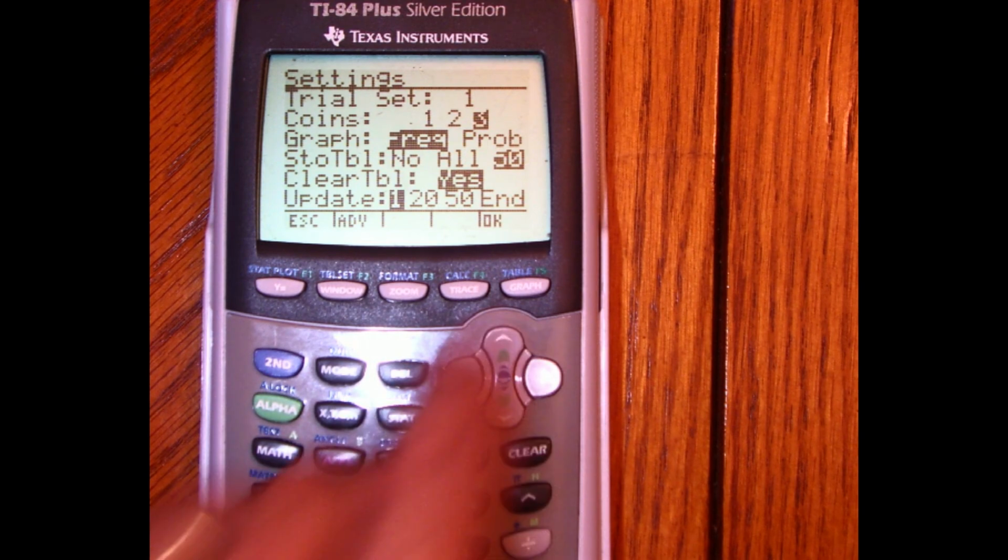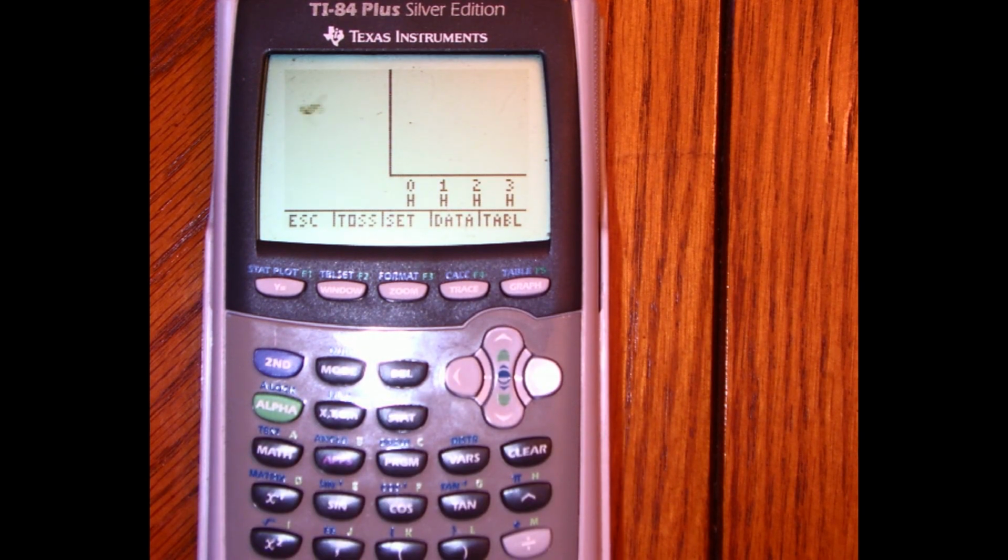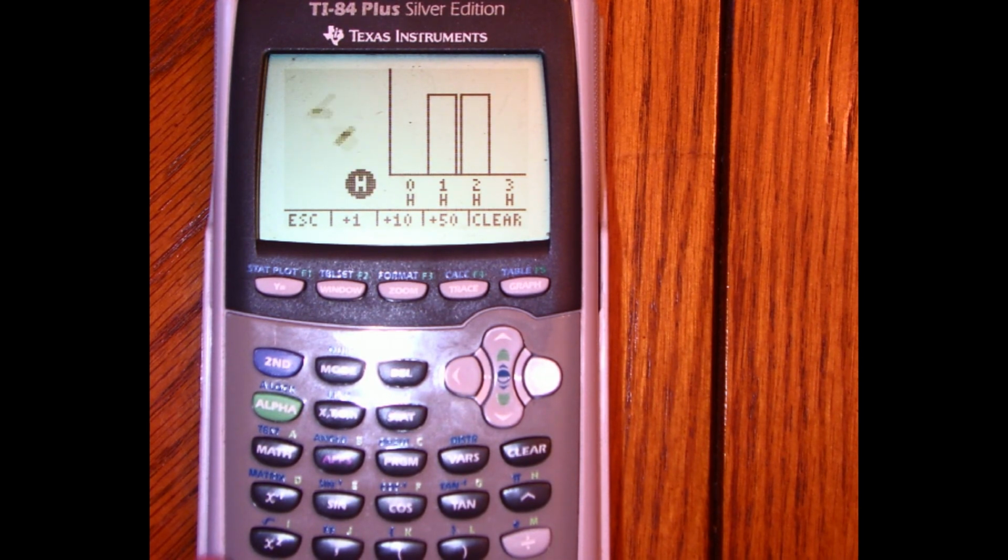So we're going to toss the coin. There we go. We got tails, heads, tails. So nope. Keep going. Nope. Oh, it's heads, heads, tails, heads, tails, tails. Almost. There it is.